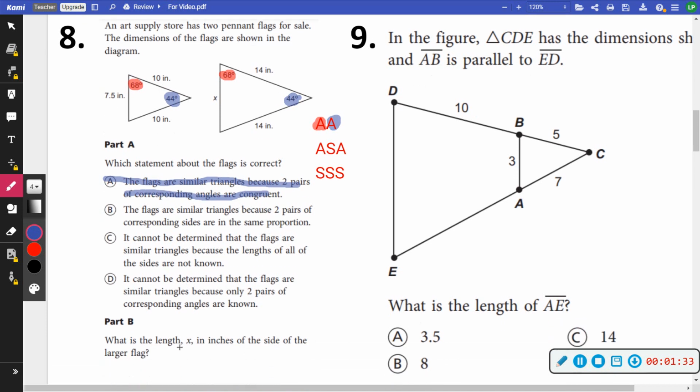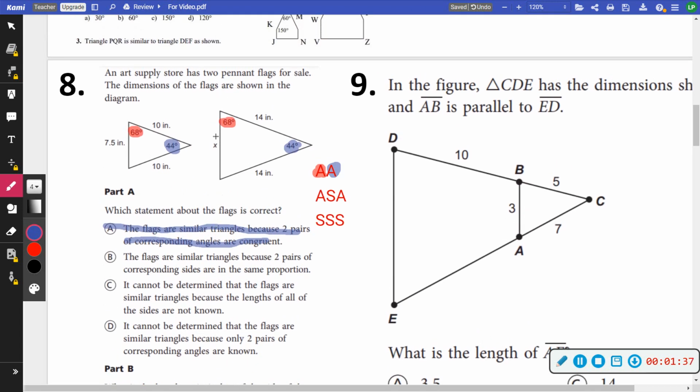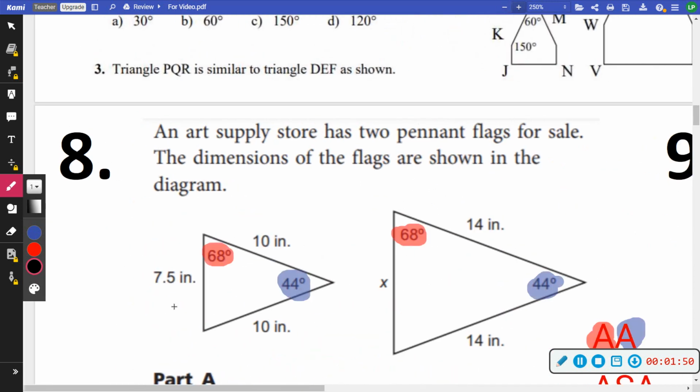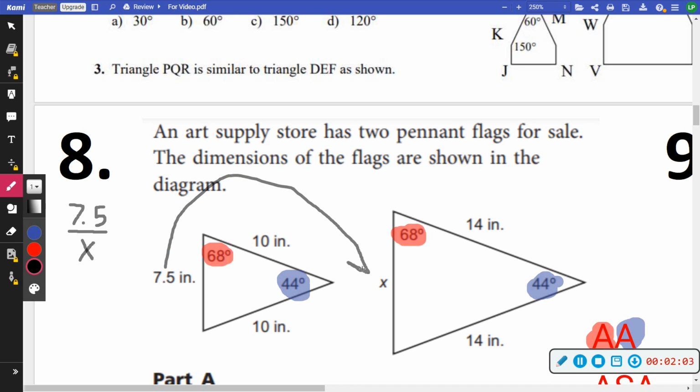Now, what is the length in inches of the side of the larger flag? So what is X? So we're going to set up our proportion. We're going to write 7.5 over X. So I went from here to there.